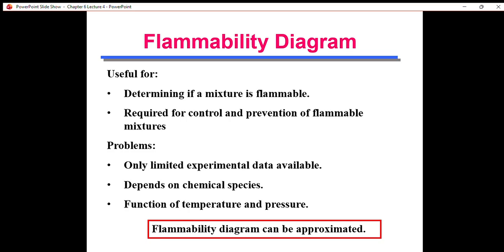And it depends on the chemical species, the temperature, and the pressure. It's very important to say that it depends on the chemical species, because we'll see toward the end of this section that they don't all have the same shape.